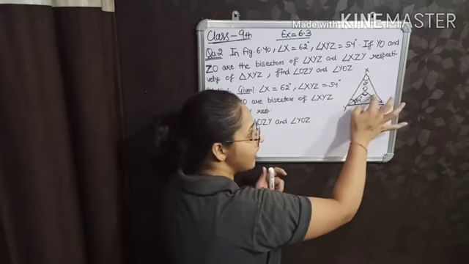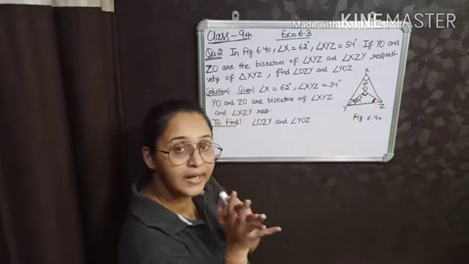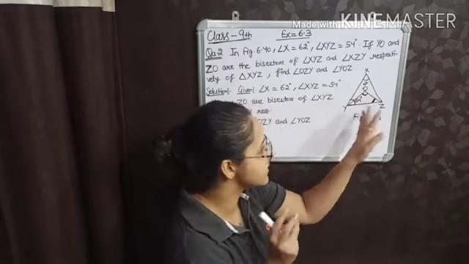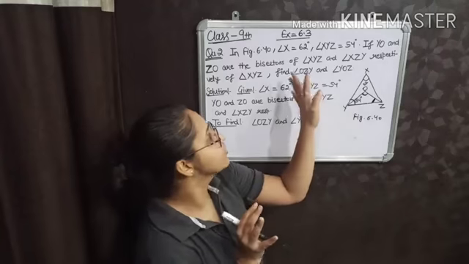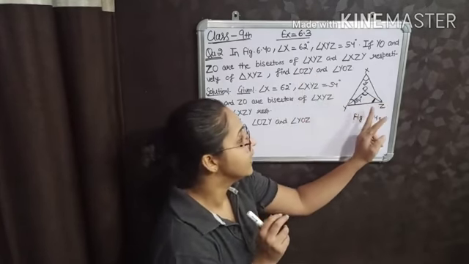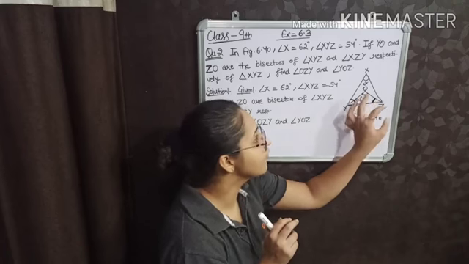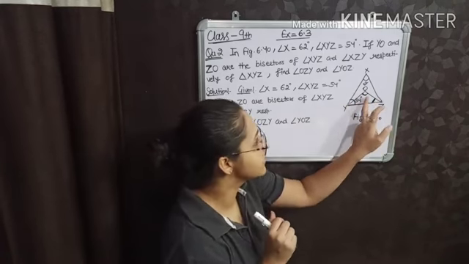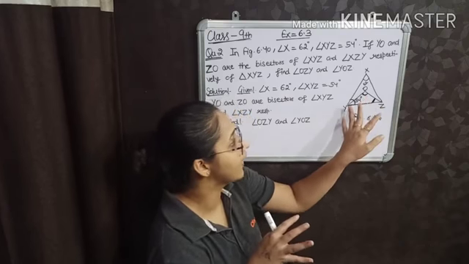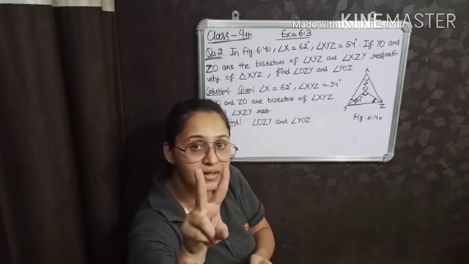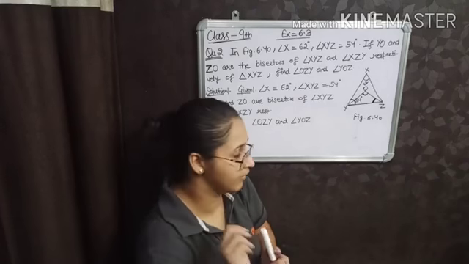So you can find the third angle by the angle sum property for triangle XYZ. Now first you see that you have to find angle OZY, this angle of the smaller triangle, and angle YOZ, this angle of the same small triangle. You have to find two angles of the small triangle.